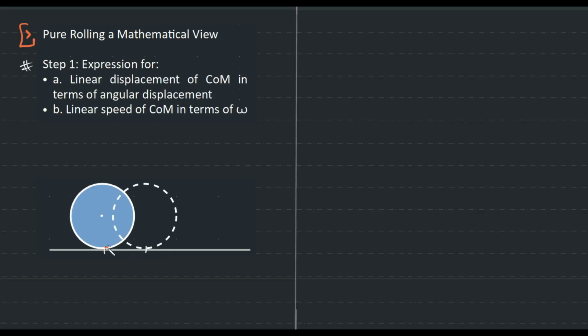That would cover up the length, right? Yeah. That amount of rotation leads to this displacement. Do you guys agree? So basically, the wheel has rotated and it has moved forward, in the direction of motion.